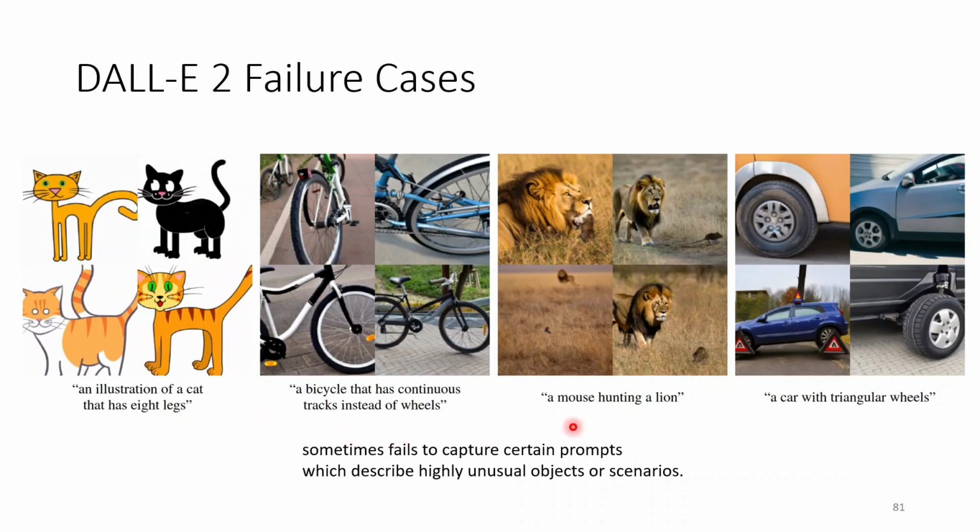And for a mouse hunting a lion, they still generate images of a lion hunting a mouse. So it means some sentences do not work for their models. Their models cannot generate images that are out of the real world or out of the concept.